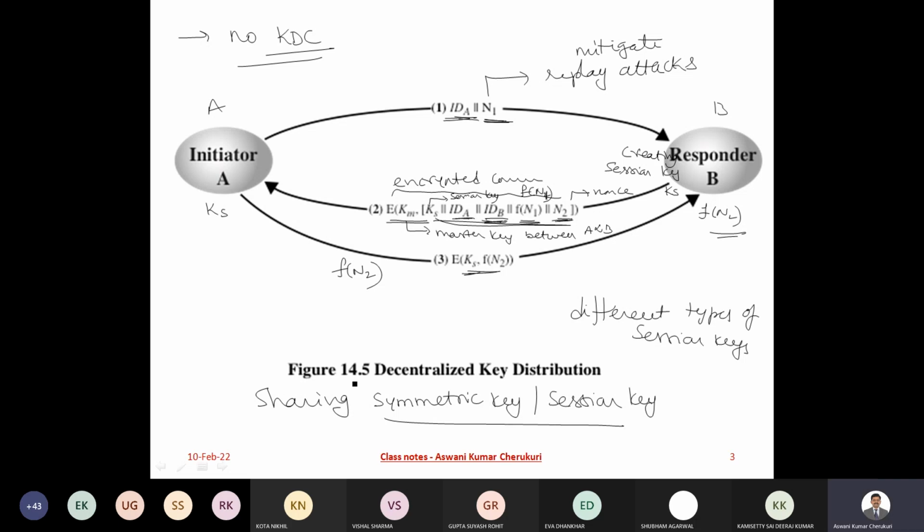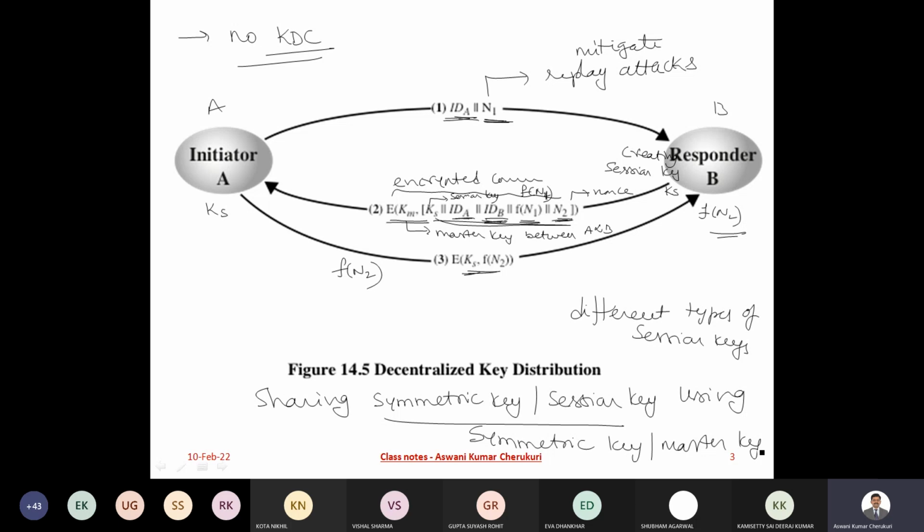It's a symmetric key. Master key is a symmetric key. That's why so far whatever we discussed is about sharing the symmetric key or session key using a symmetric key or master key. Okay.